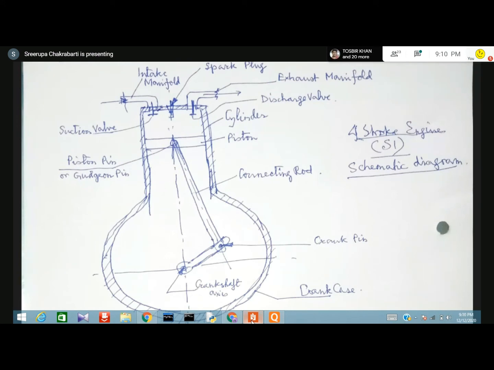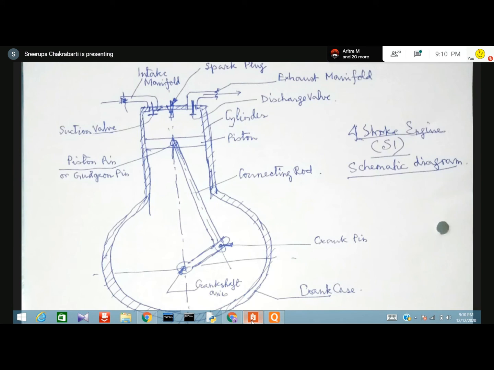Why? Because if it burns abnormally, there will be abnormal noise, abnormal vibration, abnormal friction. There will be abnormal development of thermal stress. All the moving components will be subjected to abnormal fluctuating stresses, abnormal fatigue stress, and abnormal chance of failure of the crankshaft.